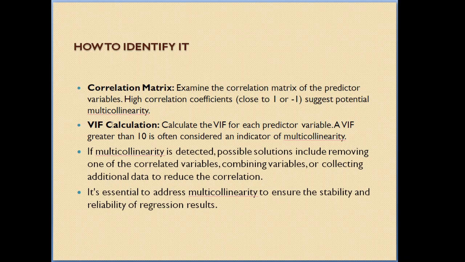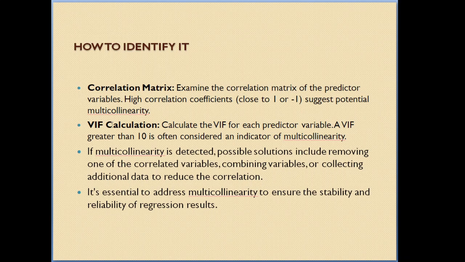Next, we have VIF calculation. We calculate it for each predictor variable, not the response variable. If a predictor variable has a VIF of more than 10, it suggests that there is potential multicollinearity.